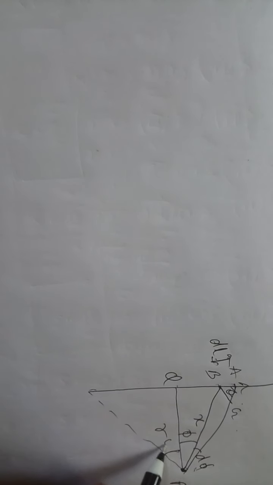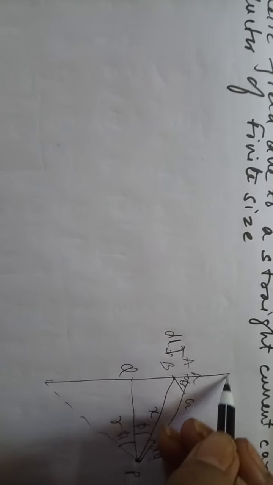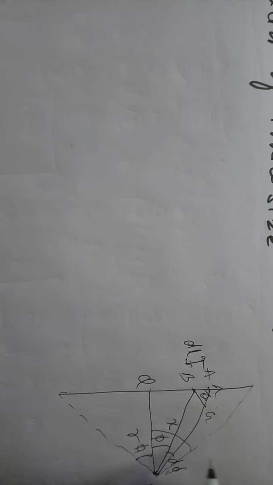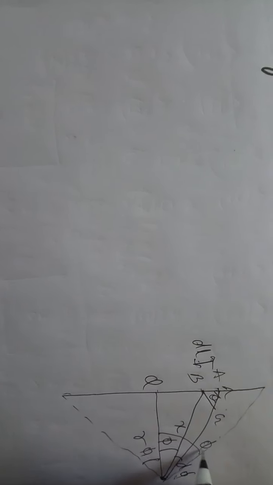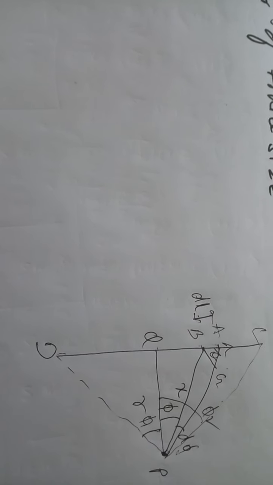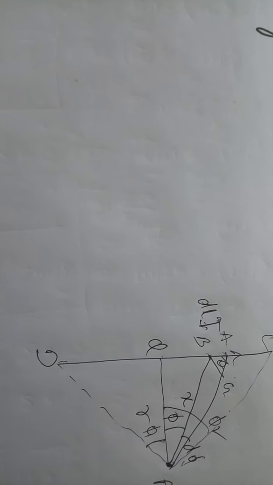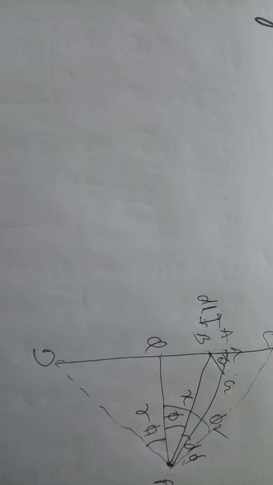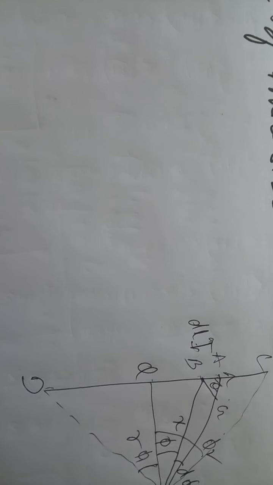This angle we have taken as phi 1, and another angle coming out from here we take as phi 2. Let us assume we have taken points C and D. So C and D are the positions, and they make respective angles phi 1 and phi 2 at the point P. Now we are going to use the Biot-Savart's law to find out the magnetic field.